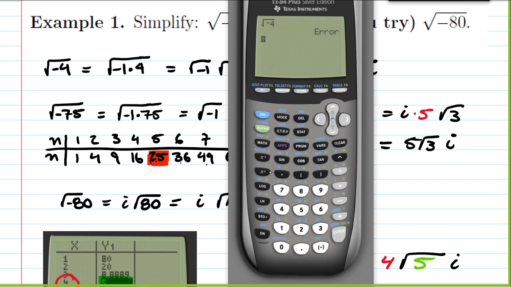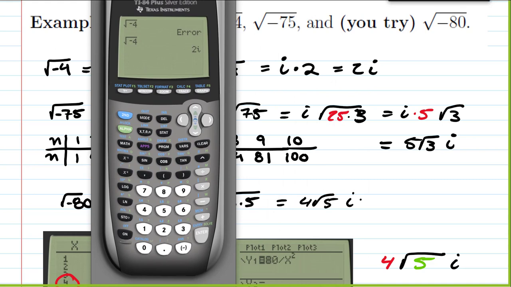And if I come back to my home screen and I go the square root of -4, this time my calculator tells me, oh, well, the answer is 2i. Oh, that's what we got when we did the first one. Okay, so our calculator can work with complex numbers.